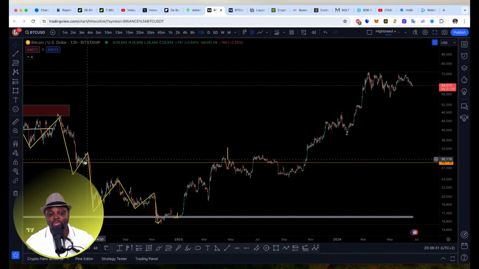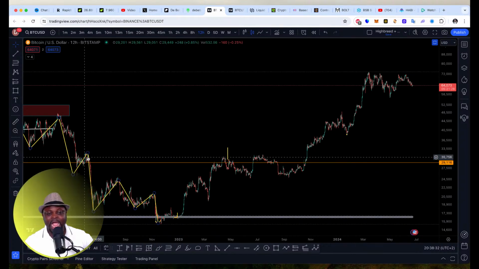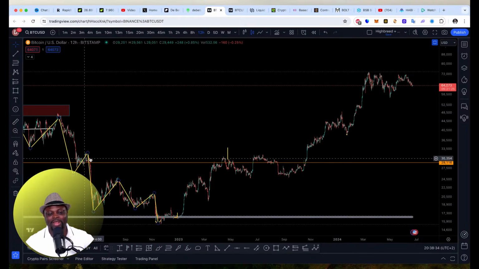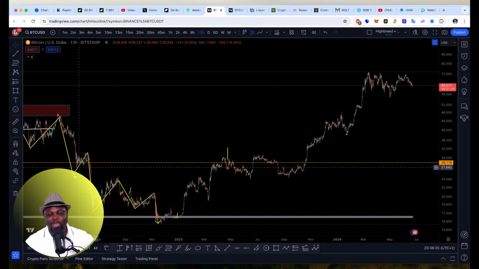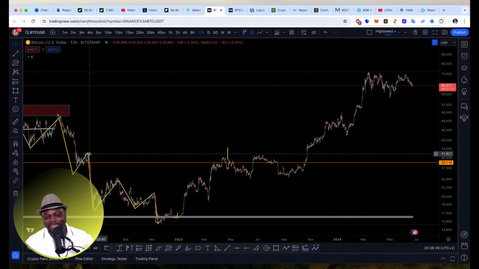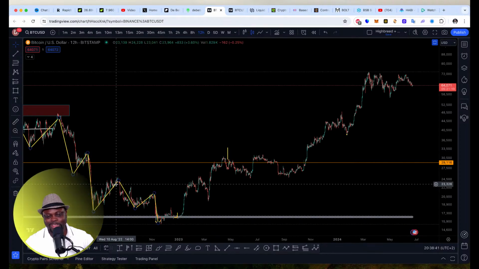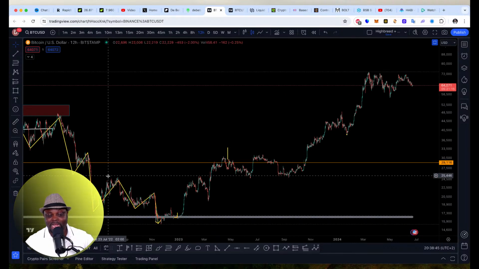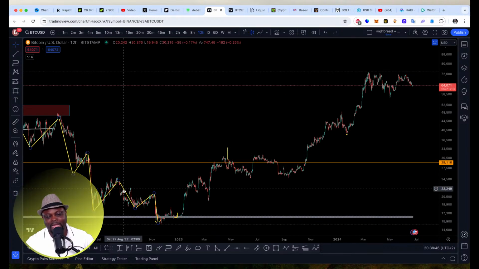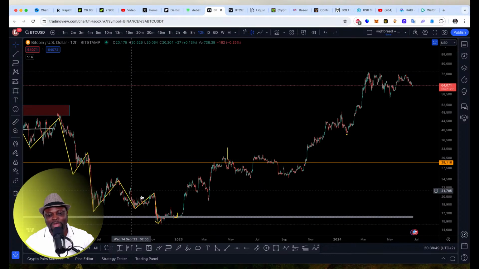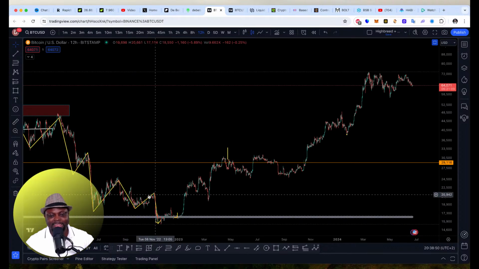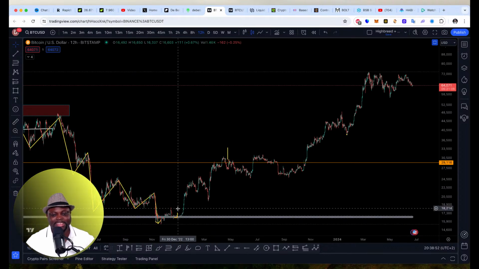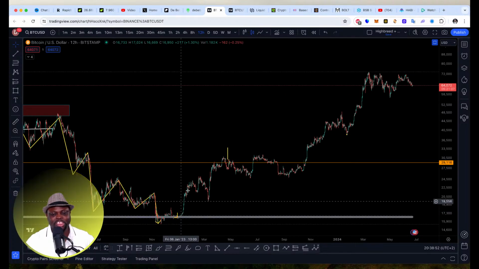So price was forming lower highs. When price went up and broke down, the next price action wasn't able to break this previous high here. So immediately price broke the previous high when price was reversing. That was immediately a change of trend.